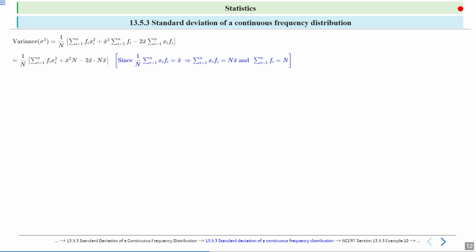Since 1 by n sum from i equal to 1 to n xi fi is x bar, it implies summation from i equal to 1 to n xi times fi is n times x bar, and sum from i equal to 1 to n fi is n.